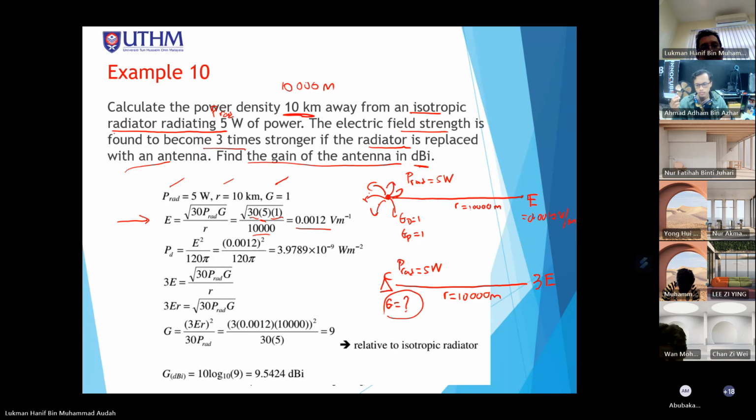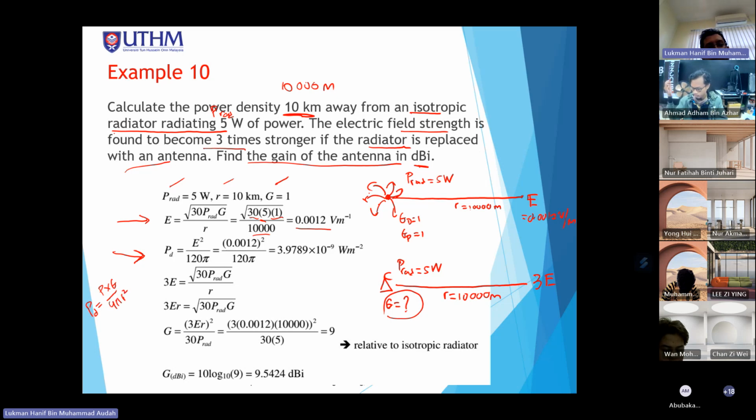The solution also gives you PD, the power density, which is not asked in the question. If you want to find the power density, you can use E square over 120 pi, or you can use PD equal to P times G divided by 4 pi R square.